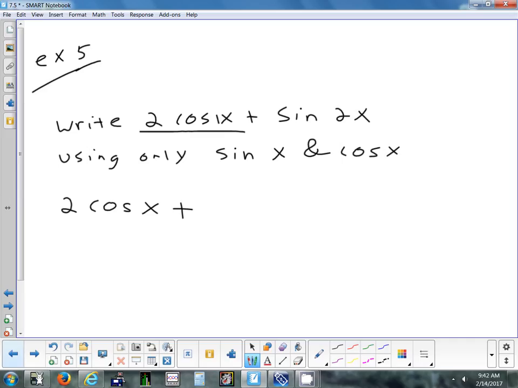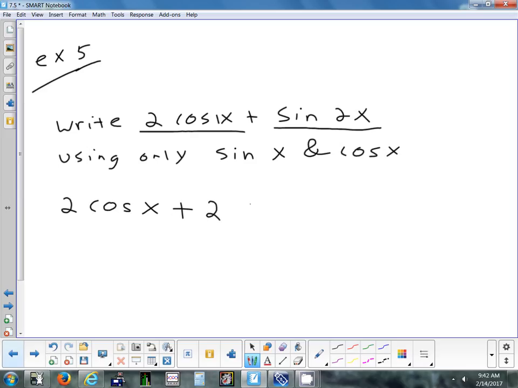How about the second term? Is there a 2 in front of the x there? Yes. Then I need to rewrite this so it's just in terms of sine and cosine. So how can I rewrite sine 2x? 2 sin theta times cosine.